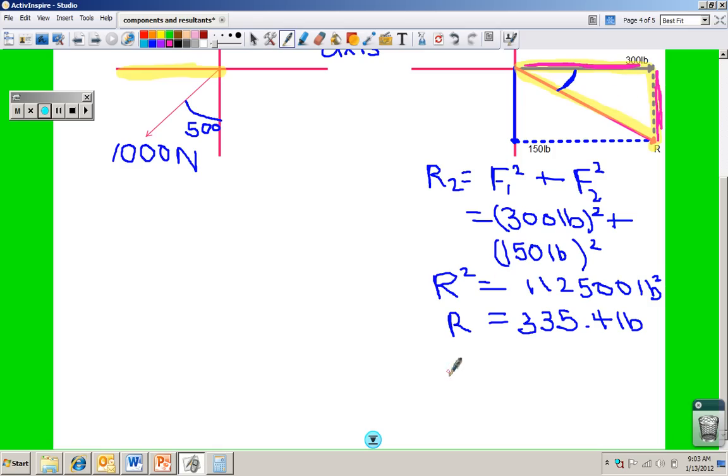That would be tangent. Okay, the opposite is going to be 150, and the adjacent is going to be 300.